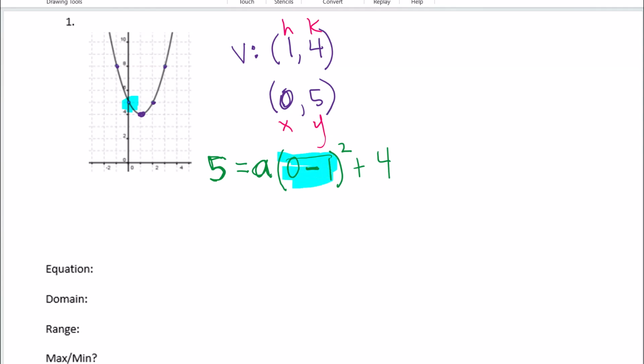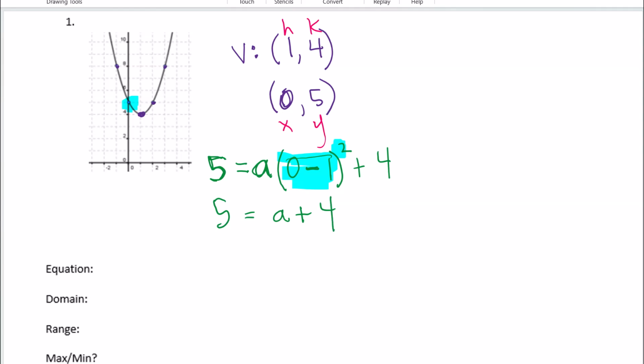Okay, so next, remember, we always want to simplify the parentheses here and square it. So 0 minus 1 is negative 1 squared. It's just positive 1. So it'll be positive 1a, which I don't even need to write the 1 now.